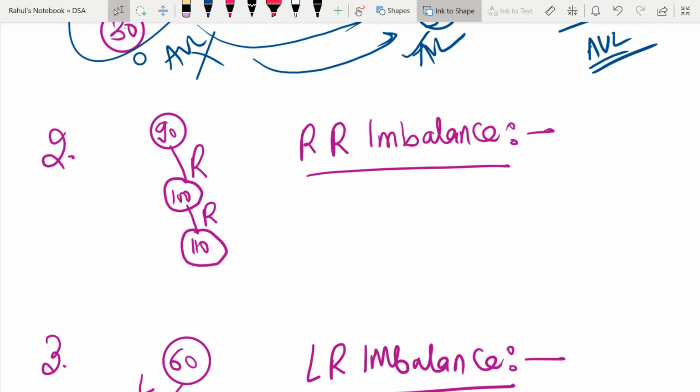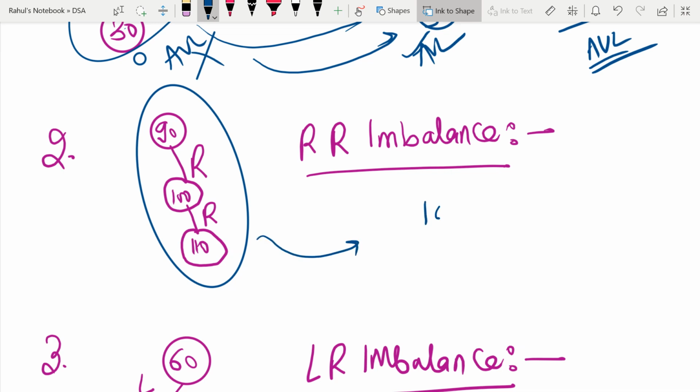Now next is RR imbalance. What is RR imbalance? Suppose in the meanwhile, during construction of the AVL tree, we get a tree like that, where both nodes are making RR imbalance, right? So in such a condition, what will we do?